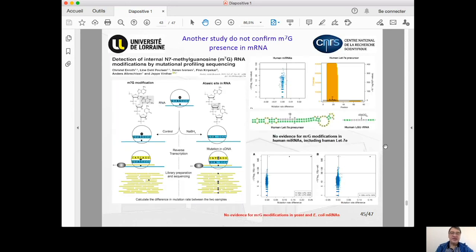Another study published recently also did not confirm the presence of m7G in mRNA. They used borohydride reduction and the reverse transcription signature formed for the modification, because even without cleavage, the absence of the modified nucleotide will of course provoke misincorporation.